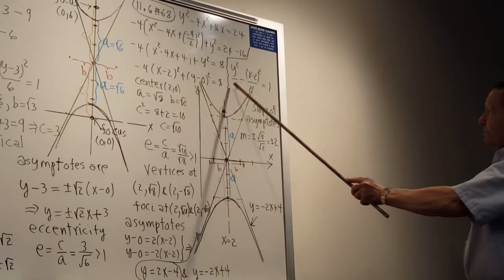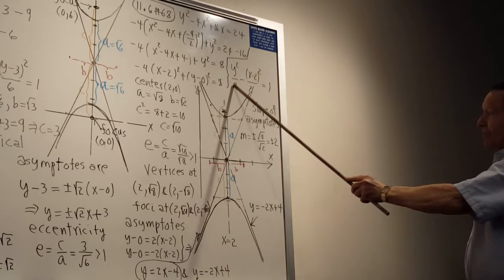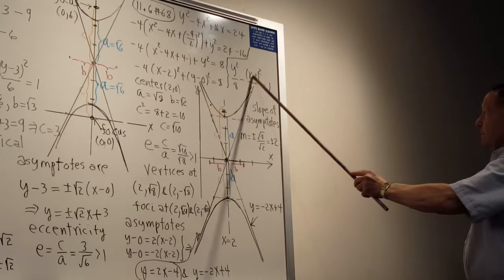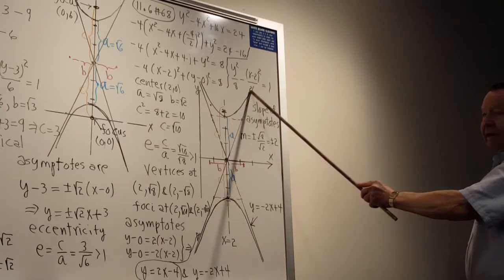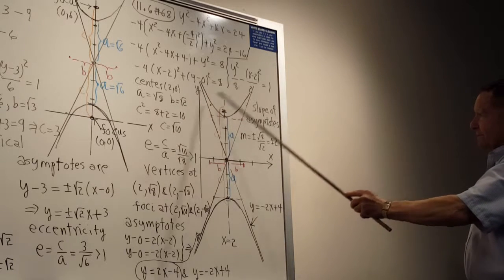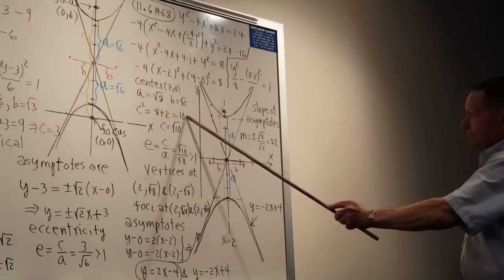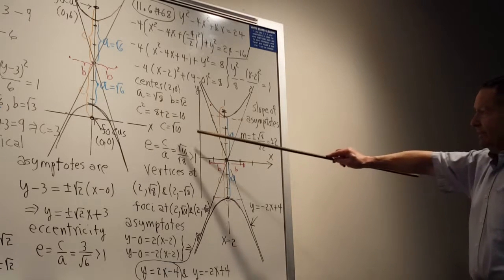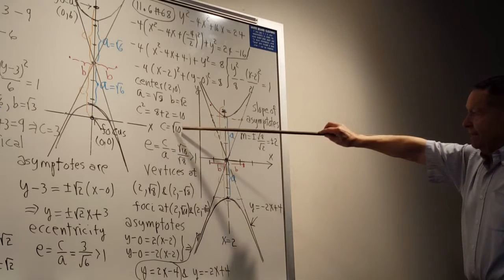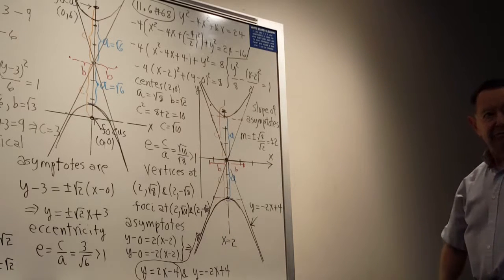Your A is the square root of the denominator of the term with the plus sign, so root 8. Your B is the square root of the denominator of the term with the minus sign, so it's root 2. And C squared is the sum of these squares, so it's 10. And so C is root 10. Eccentricity C over A is root 10 over root 8, which is greater than 1, which it should be.